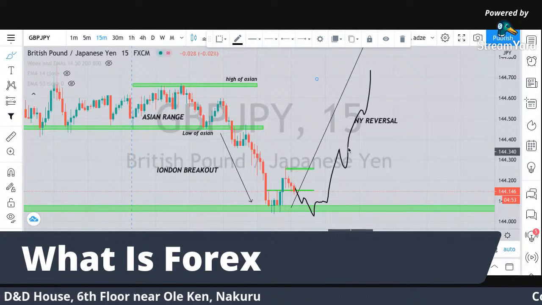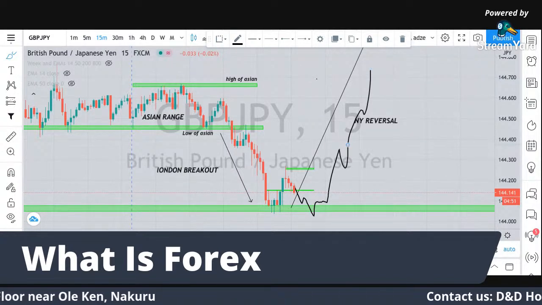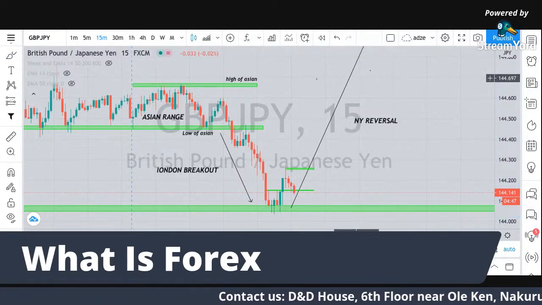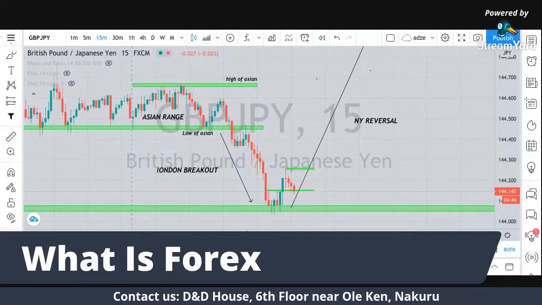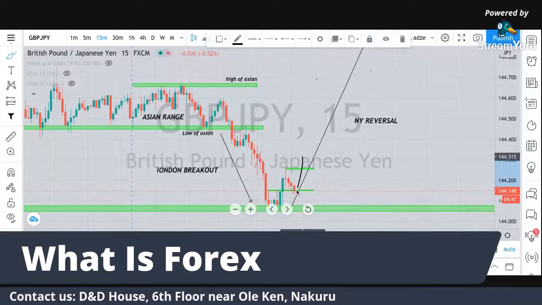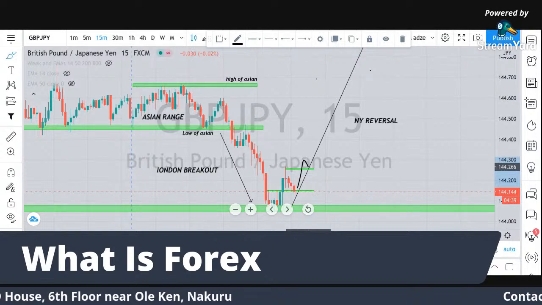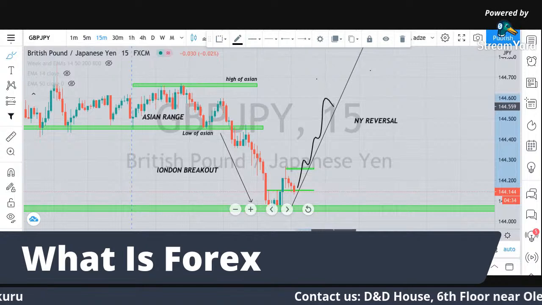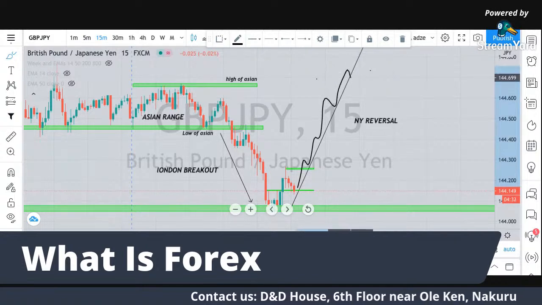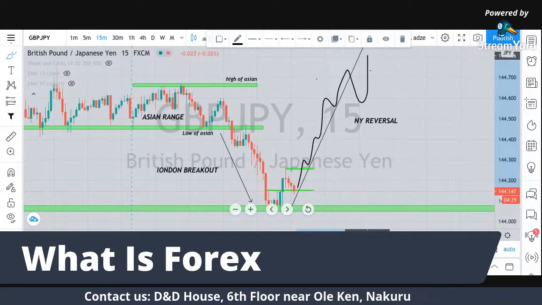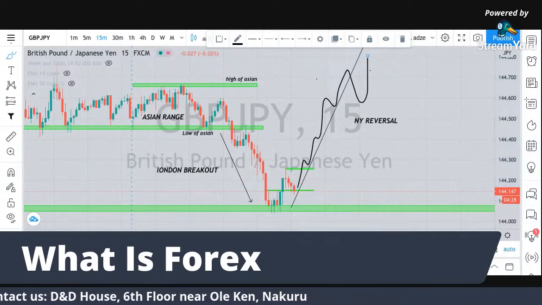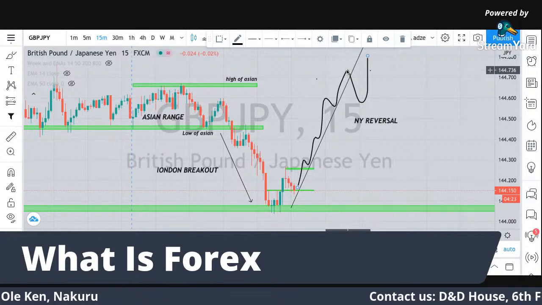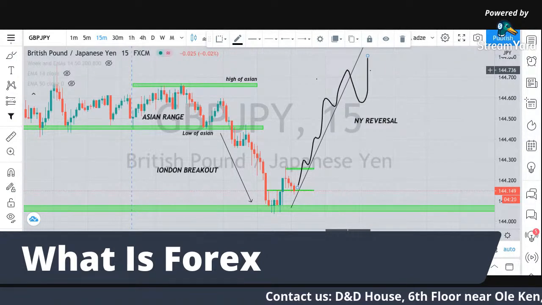Or we could see this, and then our entry will be here. Then boom. And then something like this, and then like this. Our area of interest, this is our first target. That is 144.7, the high of the Asian session.